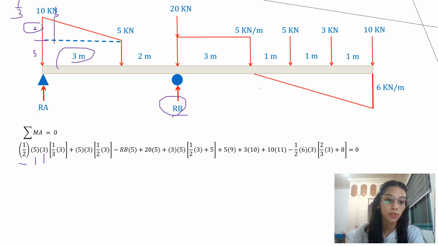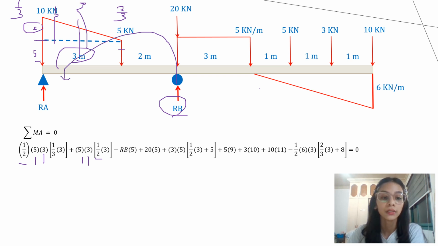Since the higher part is always 1/3 and the lower part is always 2/3, so 1/3 times 3, the centroid of 3, plus the area of the rectangle, base times height, where the base is 3 and the height is 5, plus the centroid of the rectangle, 1/2 times 3, minus RB, since it is counterclockwise to A, and the distance is 5, since 3 plus 2 is 5, so minus RB times 5, plus the point load 20 kN, moment to A clockwise, so it's positive, and the distance is the same, so it is also 5.